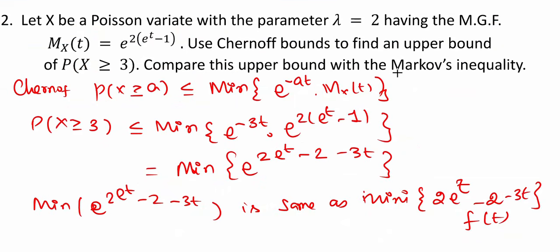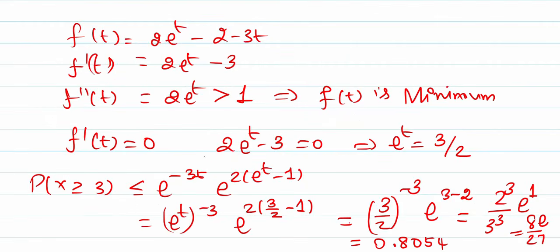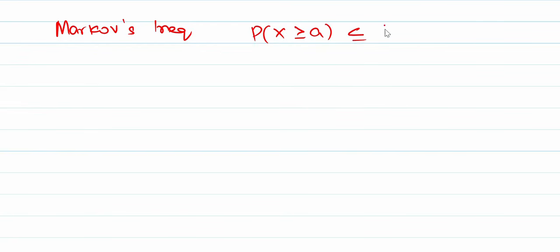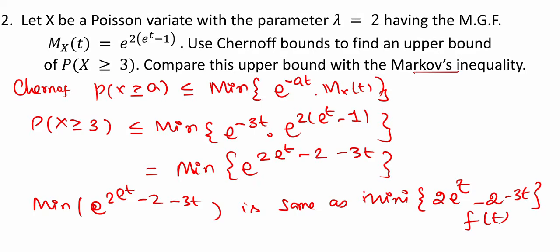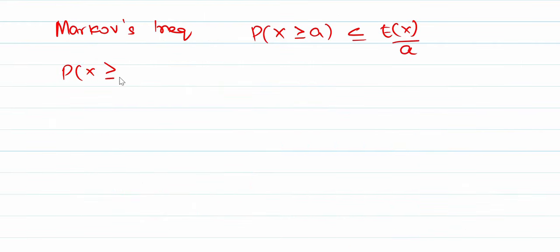The second part which we have is to compare with the Markov inequality. What we know about Markov's inequality is that probability of x greater than or equal to a is less than or equal to E of x divided by a. The question asks for greater than or equal to 3, so probability of x greater than or equal to 3 is less than or equal to E of x divided by 3. What is this E of x for us?